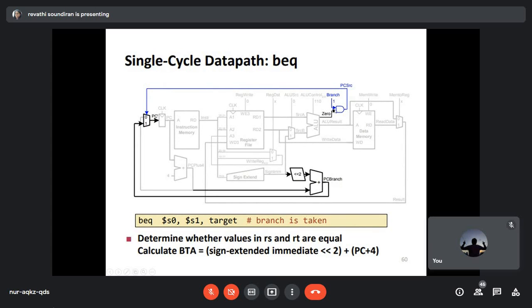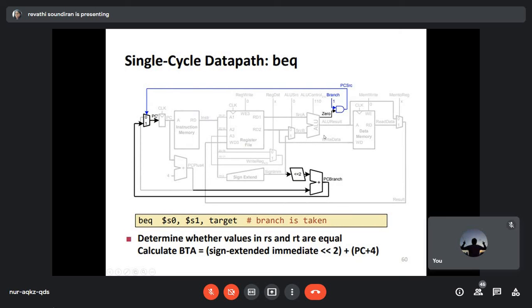This is done with an AND operator here. If both are 1, then you will have the incrementation of the program counter. It checks whether it is branch equal, whether the contents of your A register and your B register are equal.